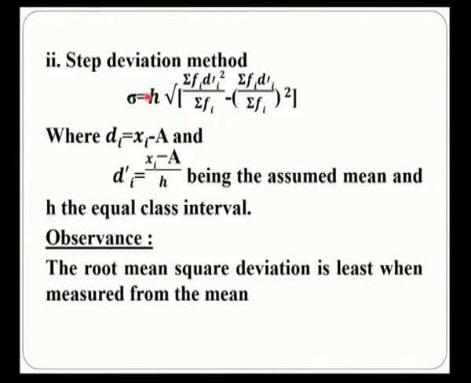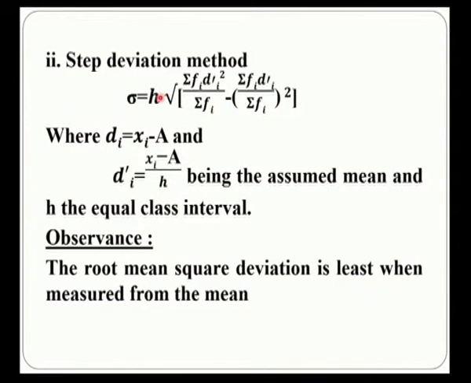The formula for standard deviation in step deviation is sigma is equal to h into square root of sigma fi d dash square, where this d dash is computed from this formula. di dash is equal to xi minus a by h, where this a can be any arbitrary origin, then xi is the arithmetic mean.